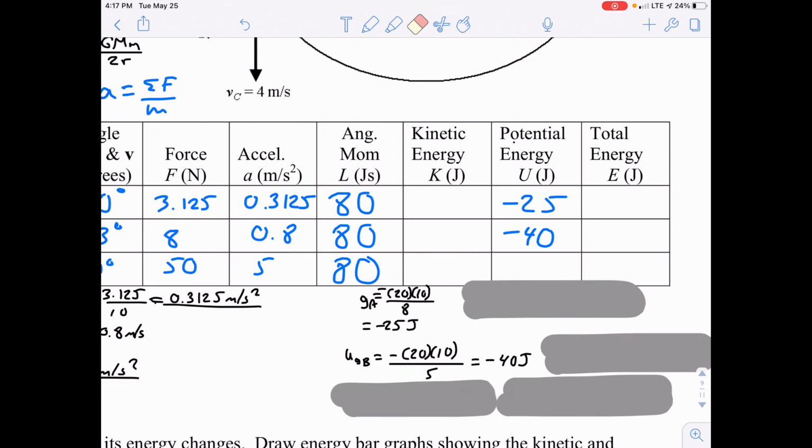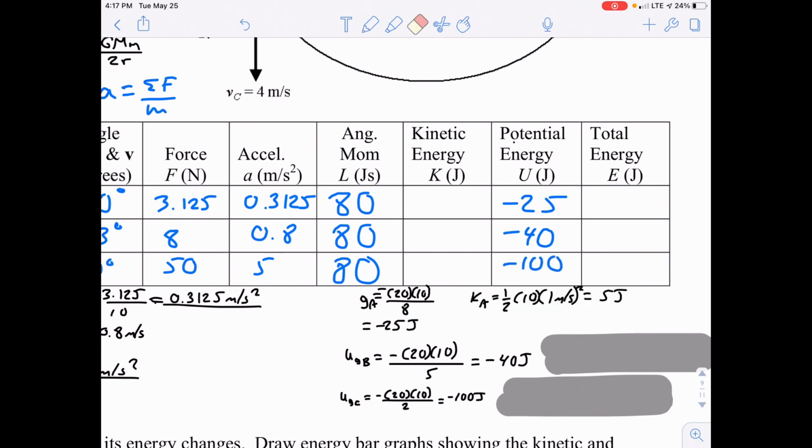And at C, negative 20 times 10 over 2 is negative 100 joules. Kinetic energy, 1/2 mv squared, so 1/2 times 10 times 1 squared is 5 joules. Adding those together, 5 plus a negative 25 is negative 20 joules of energy.